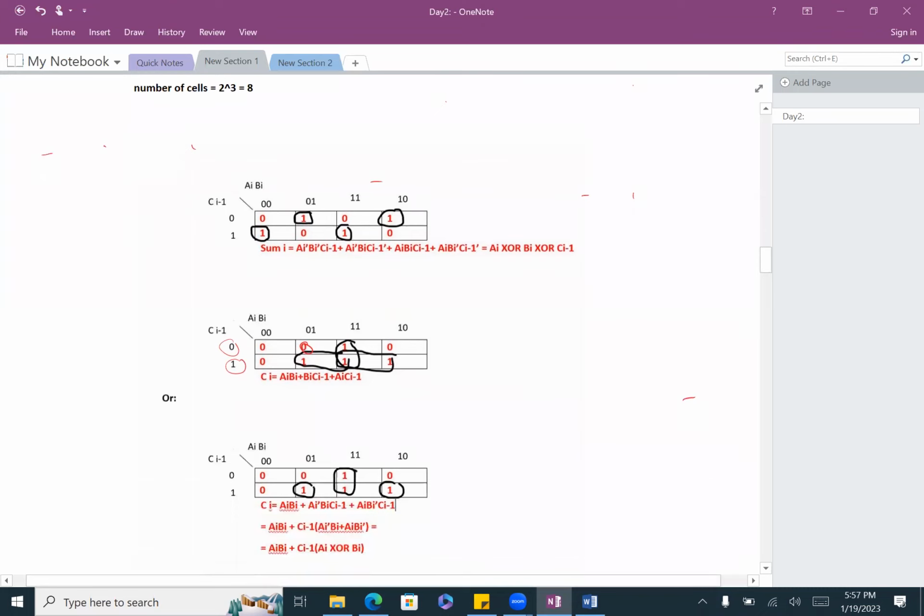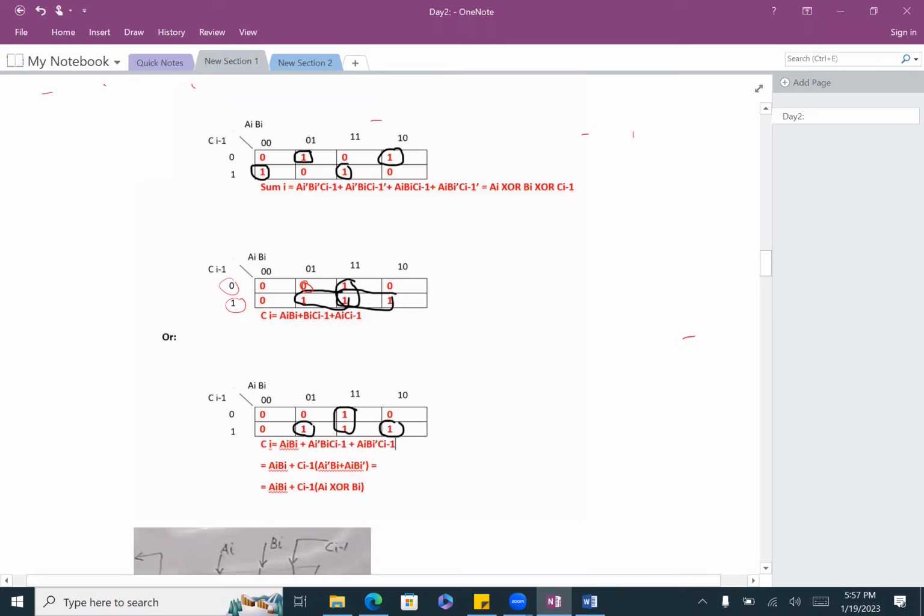If I change that, if I do the grouping in this way, what will the equation be? Let's take this one and do the grouping. What will we have here? It's going to be AI, BI, correct?